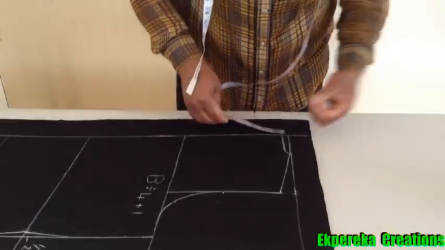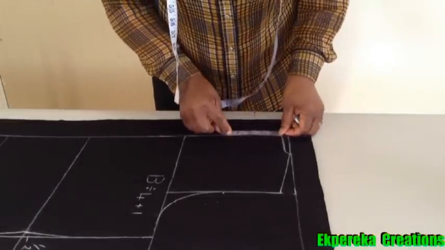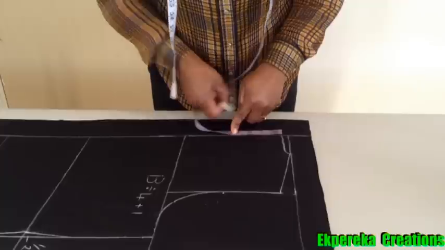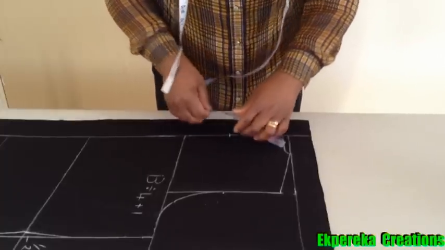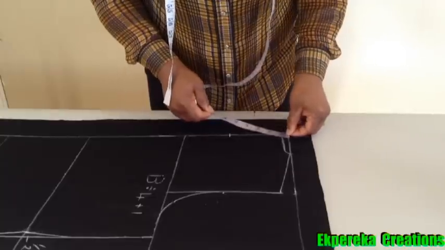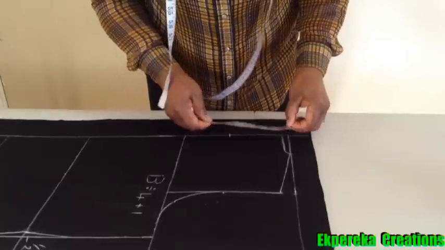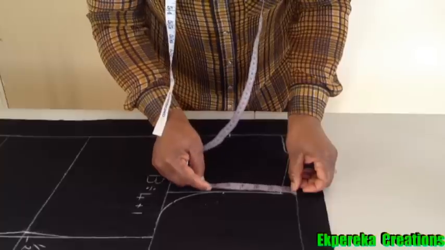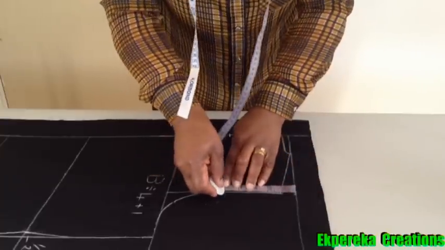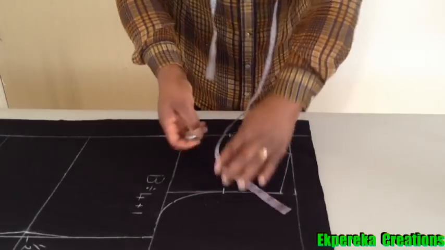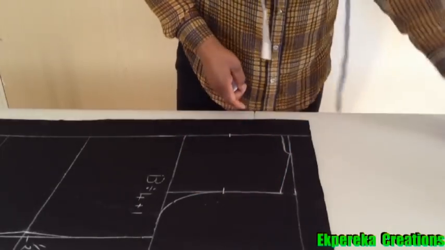So I'll use 4.5. From this line, 4.5 is 5 inches. So it's at the midpoint. I'll connect the yoke.